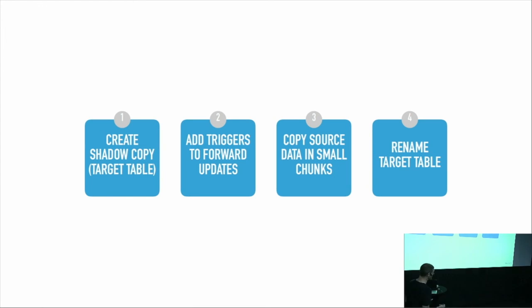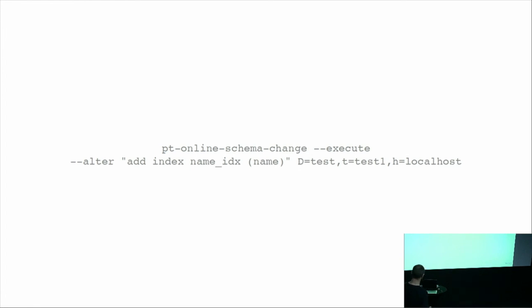This can be ops intensive and IO intensive because you need to have PT online schema change running for as long as this takes, and it reads from the database and then writes to the database again. But it can be a viable setup and a viable system. The way we run this, for example, if we want to add an index that takes a long time, or we want to drop a column, is we execute PT online schema change from the command line.